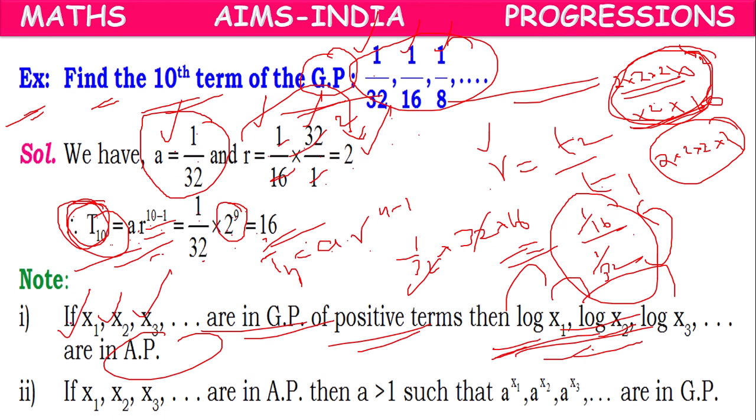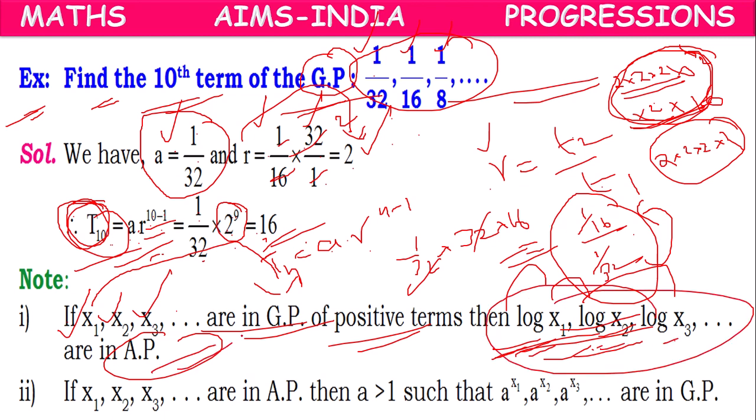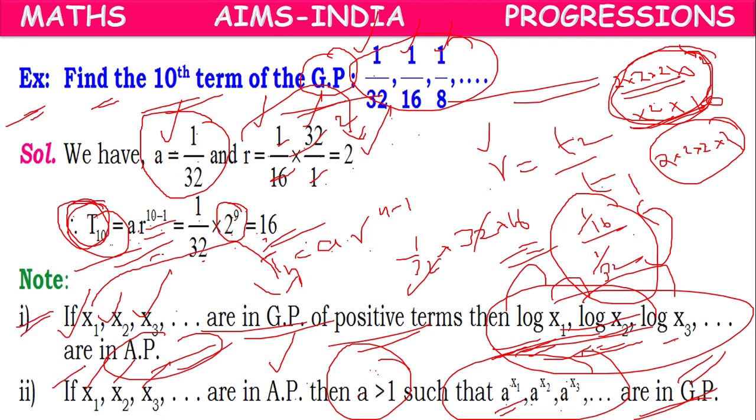Just remember, if the given sequence is in GP and you take the logarithm of each term, the resulting sequence will be in AP. And if x1, x2, x3 are in AP such that a is greater than 1, then a power x1, a power x2, a power x3 will be in GP. These things you have to keep in mind.